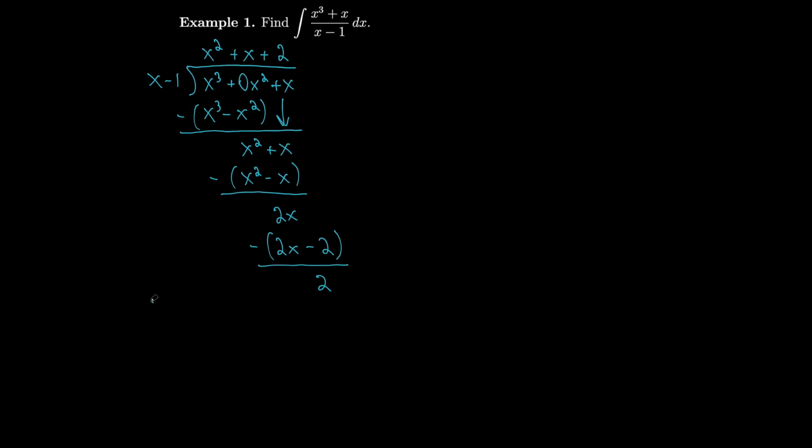So we'll say that the integral of x cubed plus x over x minus 1 dx is equal to the integral of x squared plus x plus 2 plus our remainder of 2 over our divisor of x minus 1.